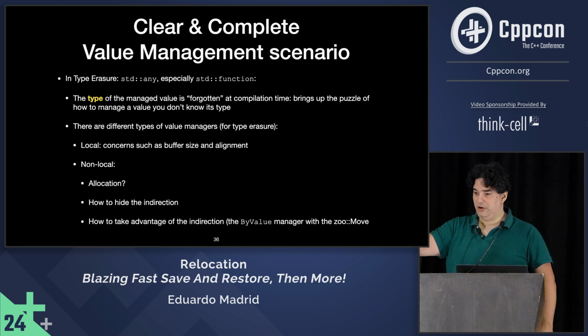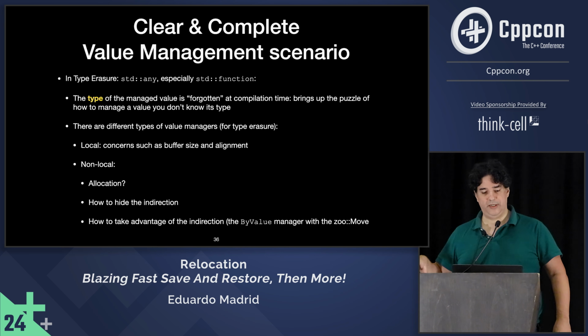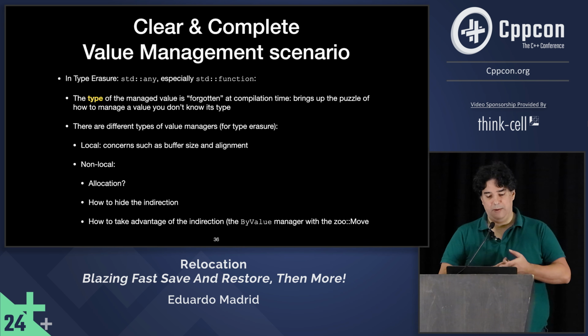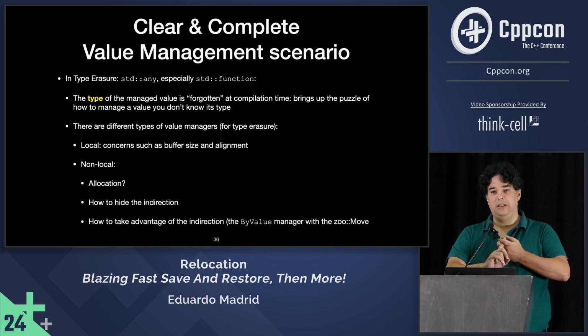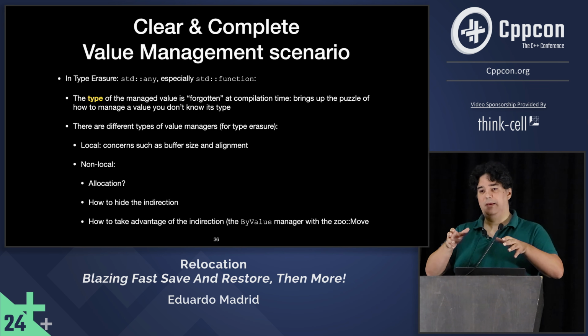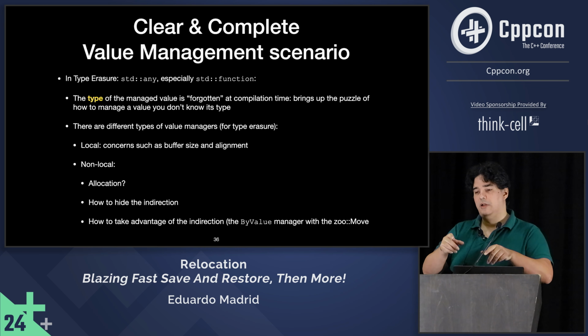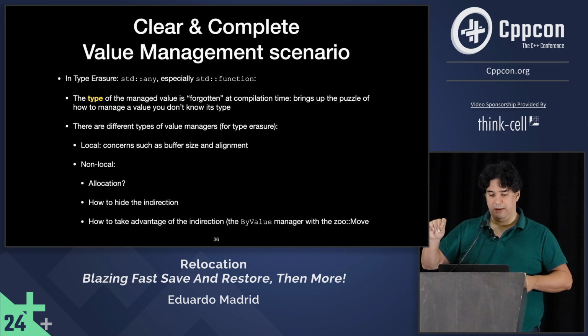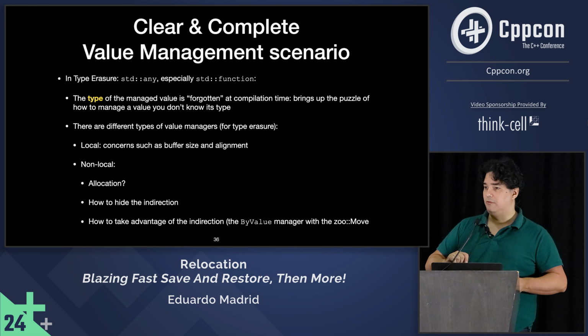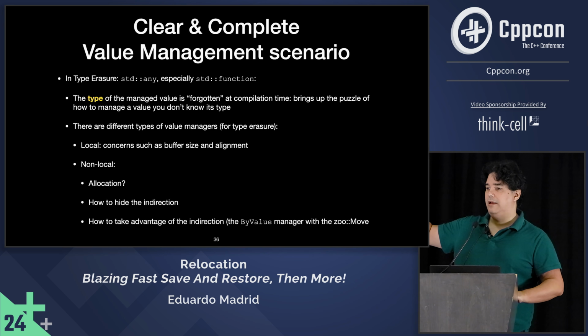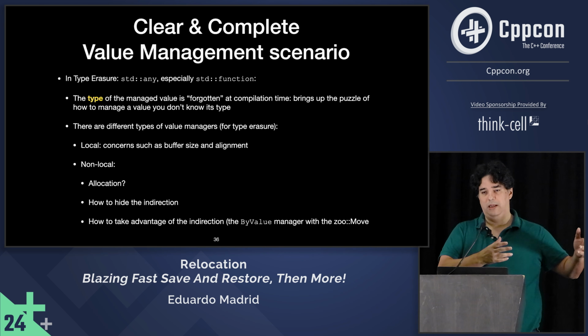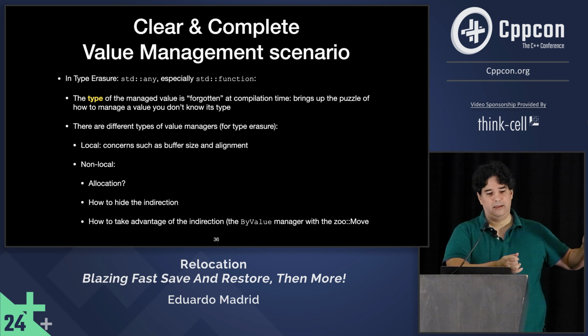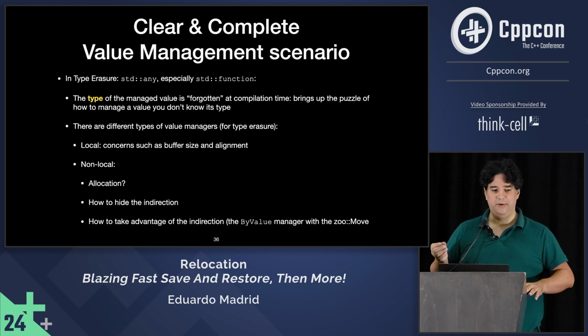And type erasure itself has its own value management concerns. One of them is, for example, whether the thing that is going to be managing your values in type erasure is going to be locally managed, whether you want to disallow them to not use what in the very poor standard function implementation is called the local buffer optimization.